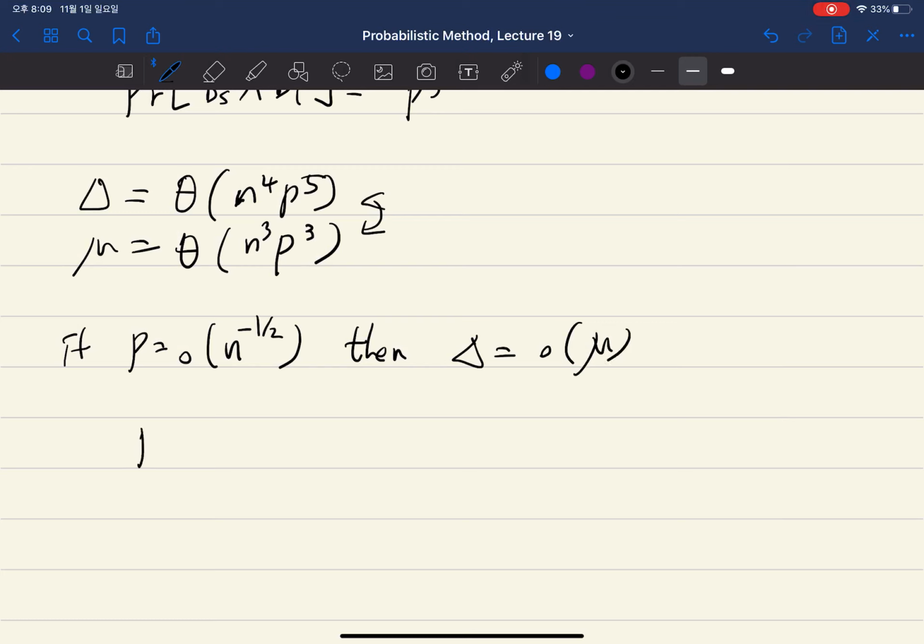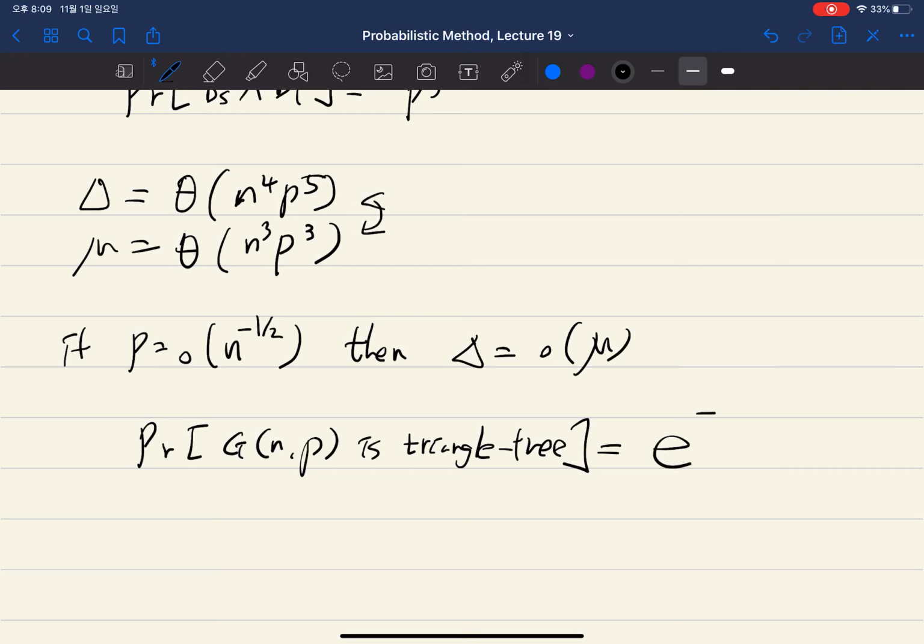So Janson's inequality says that the probability of being triangle free is at most e to the negative mu plus delta over 2. That was Janson's inequality. And this is little o of mu, so this is more or less e to the negative 1 plus little o of 1 times mu.